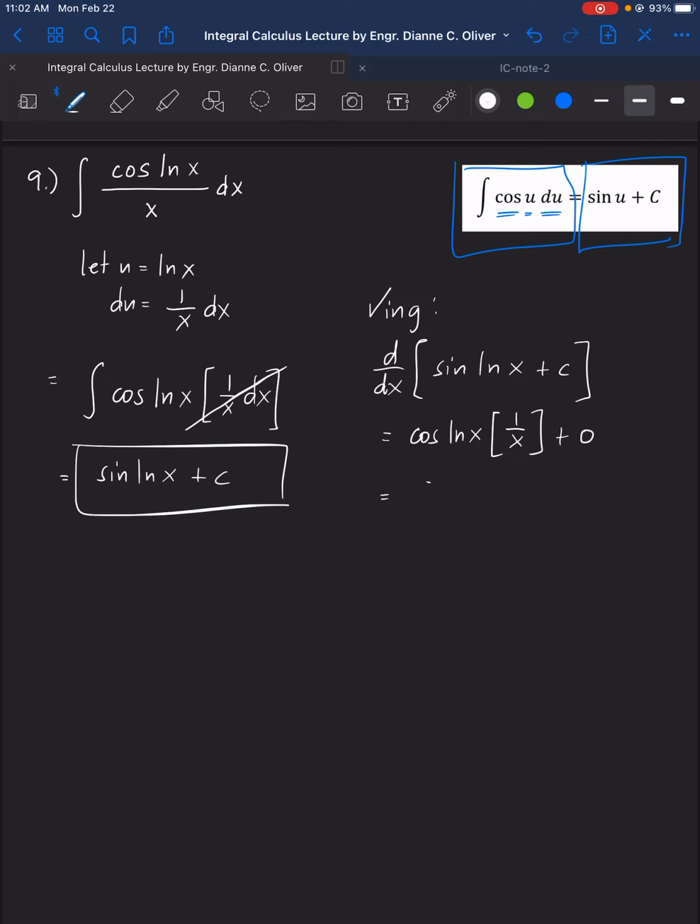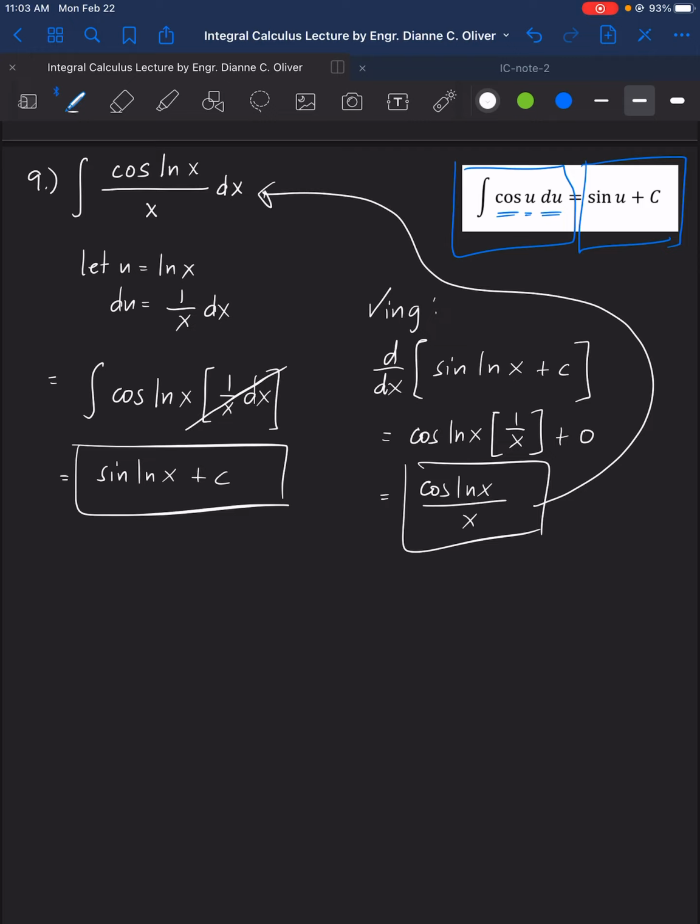So the final answer is cosine ln x over x. So we were able to go back to the original form. That means the answer here is correct. So that's for number 9.